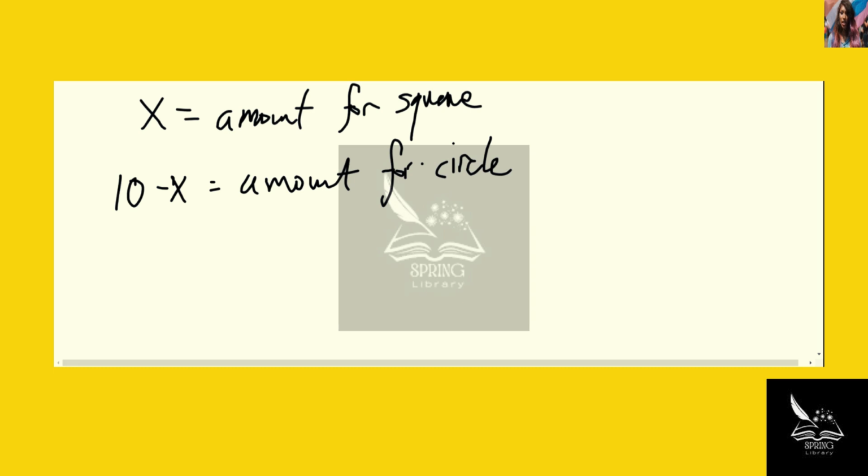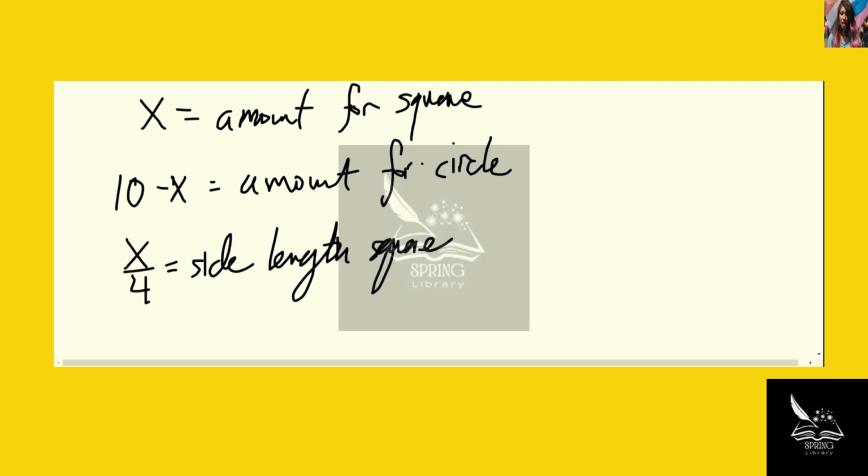Now the side length of the square is x over 4. And the area of the square is a function of x.